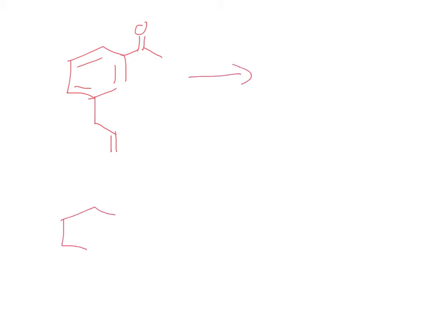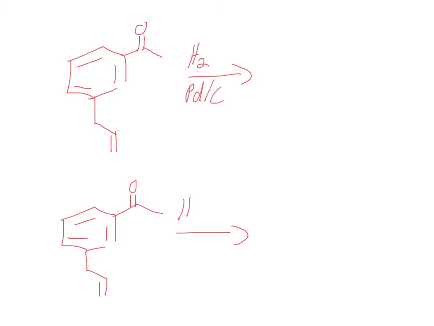All right, let's look at something. Let's talk about some chemoselectivity. So we'll take the same starting material, but we'll use different reagents, and we'll see what happens. In this case, I'm going to use H2, palladium on carbon.